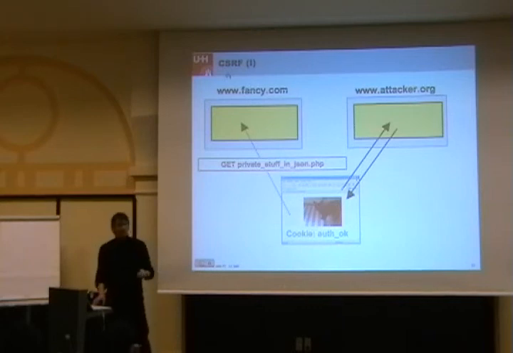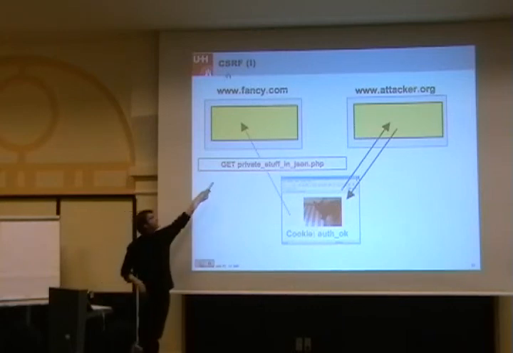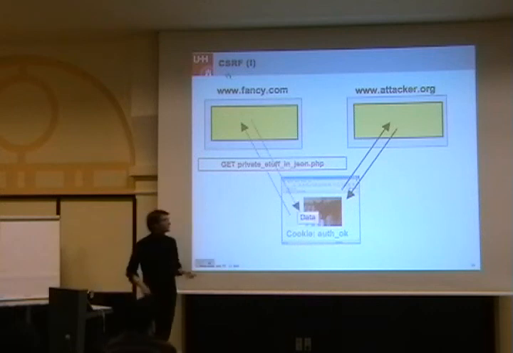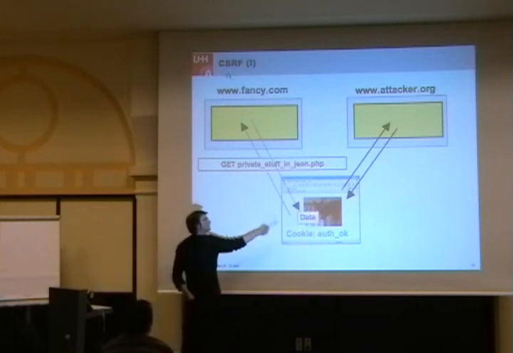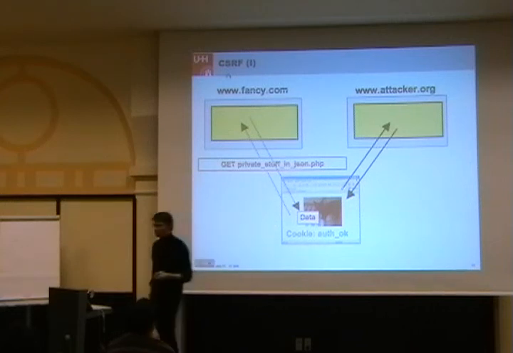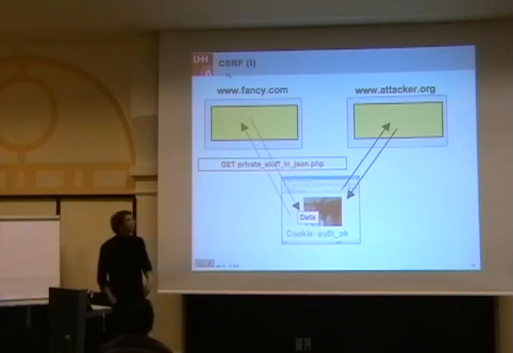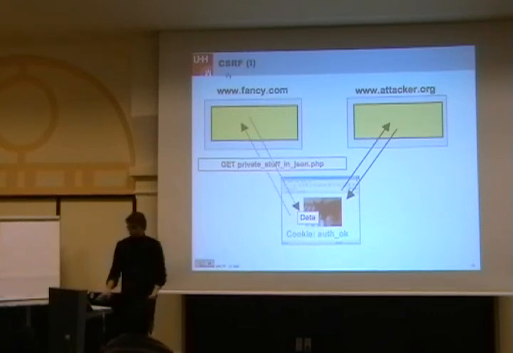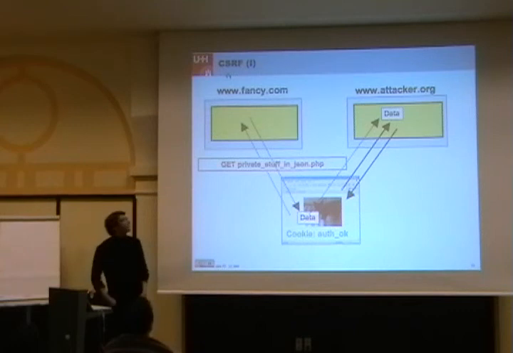It tries to get some information. So this URL is loaded into a script tag. The data is returned. It's now executed in the security context of the attacker.org. So JavaScript that was brought by attacker.org is now able to access that information and bring it back to attacker.org.